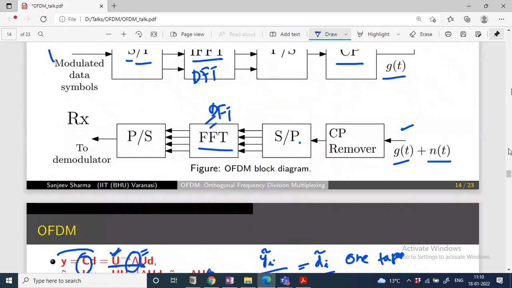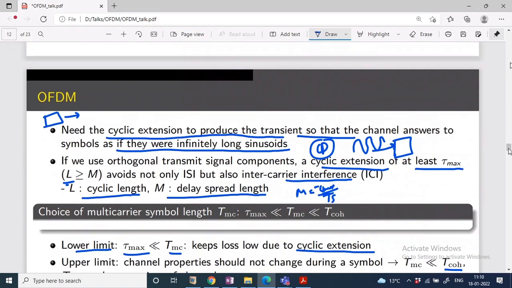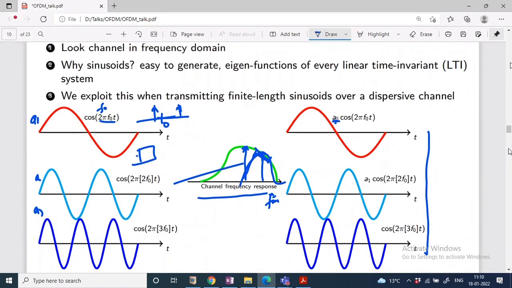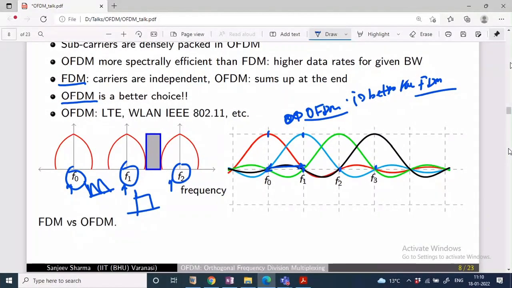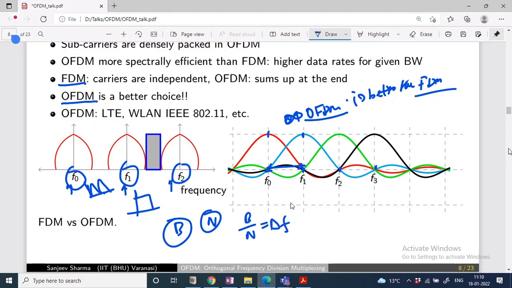So I just want to highlight another thing in OFDM. You have a total frequency band B, and you are putting n subcarriers in this band B. Generally B upon n is equal to delta f, with n subbands whose subcarriers are orthogonal.